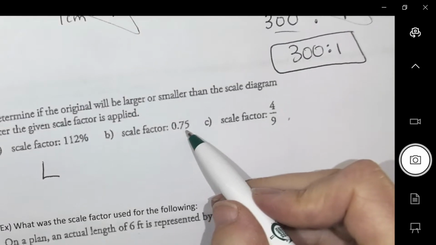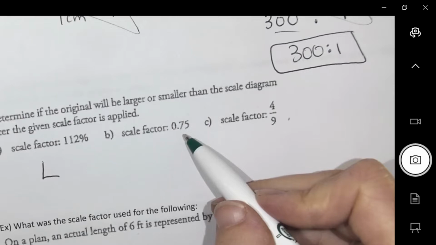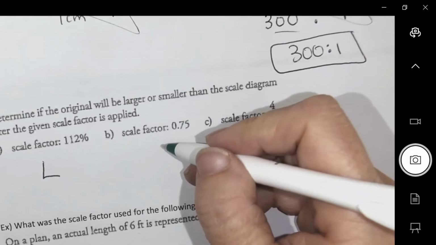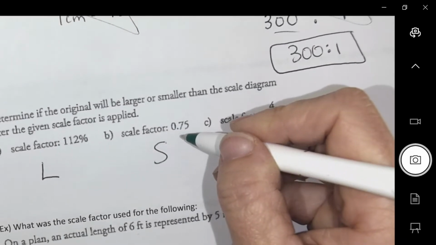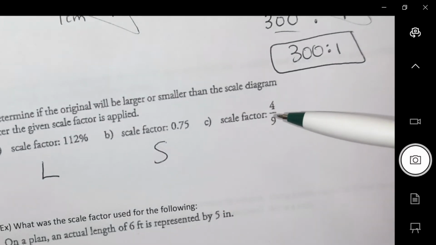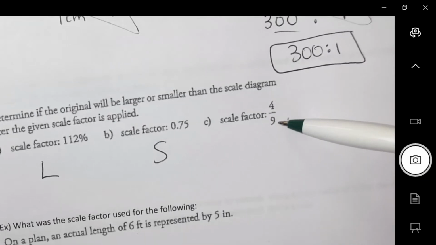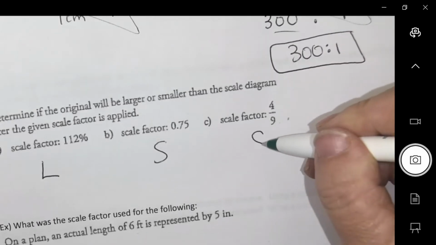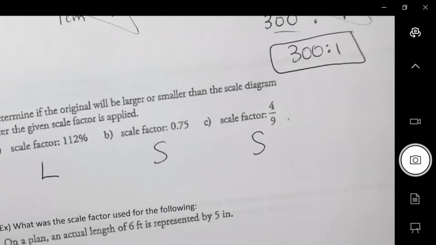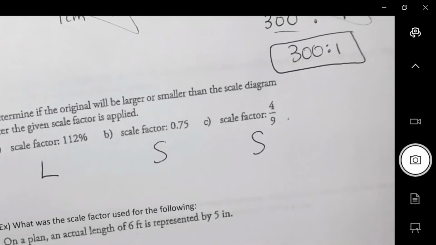If you used a scale factor of 0.75, would that make something larger or smaller? Smaller. And if I used a scale factor of 4/9, would that increase something or decrease something? Decrease, smaller.